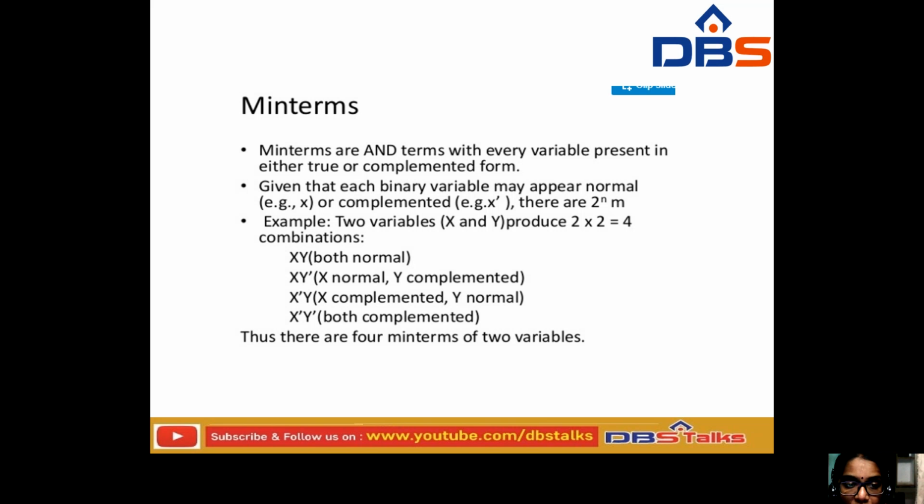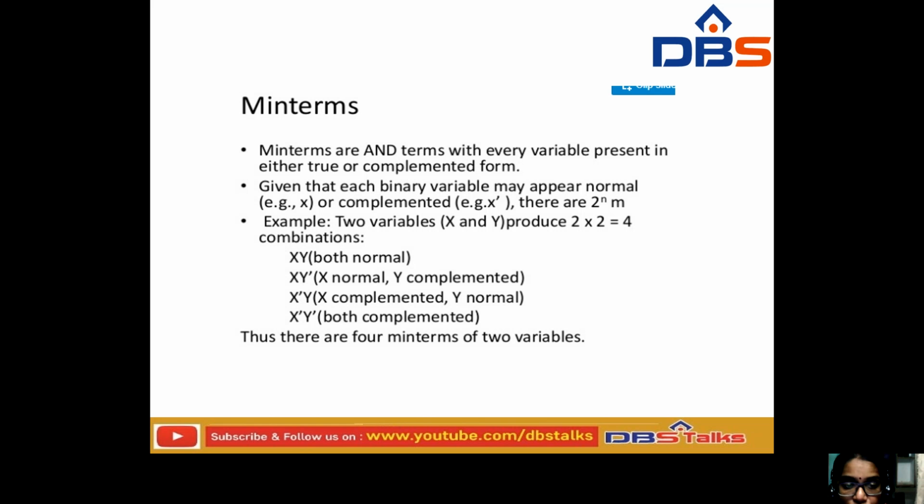There are 2 power n combinations. Okay, the basic formula for this is 2 power n.